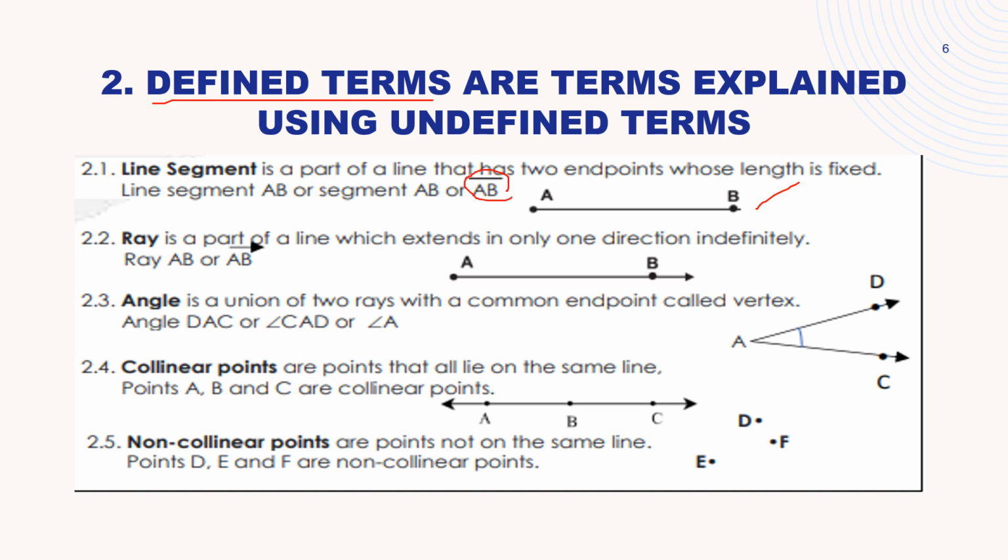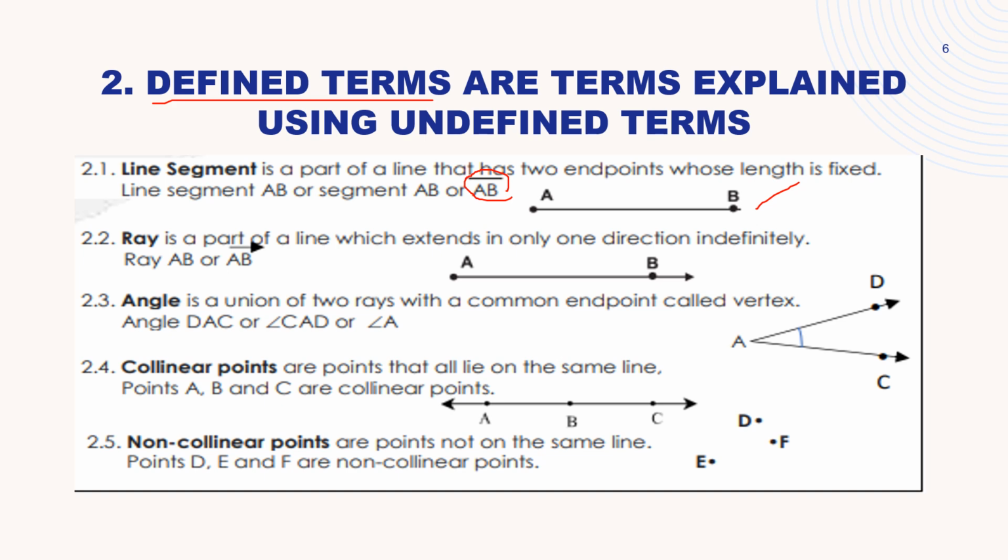Okay. Then we have ray. A ray is a part of a line which extends in one direction indefinitely, like ray AB. It has one endpoint and then it extends. Then we have angle. An angle is a union of two rays with a common endpoint called the vertex.